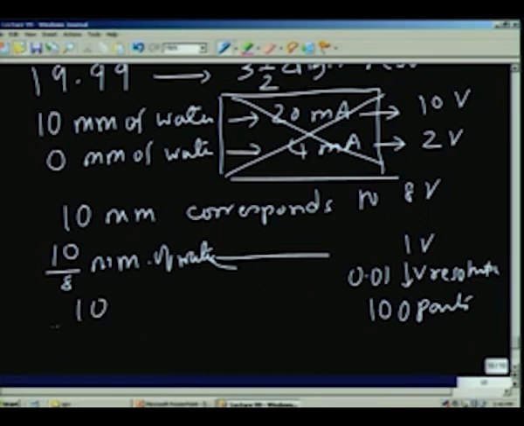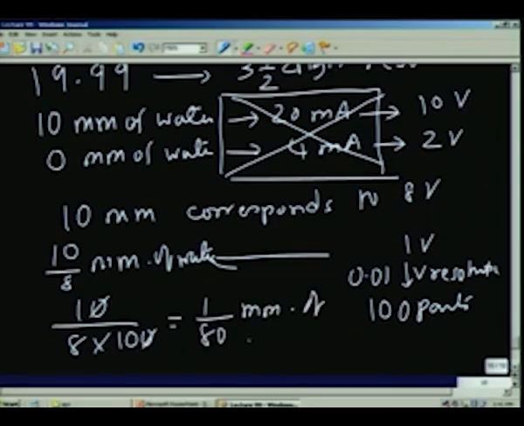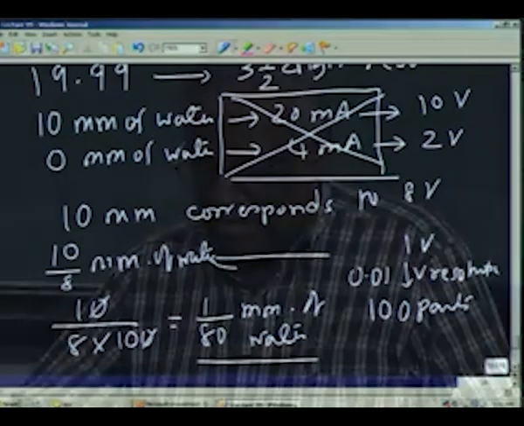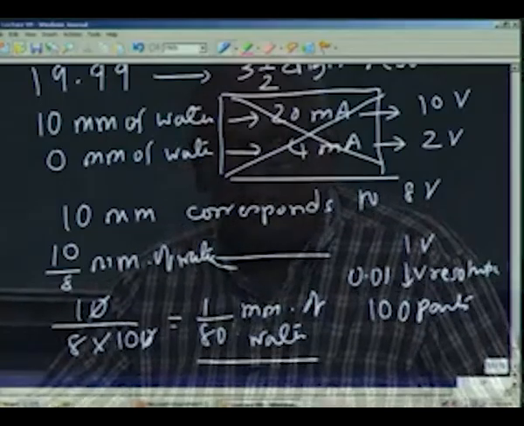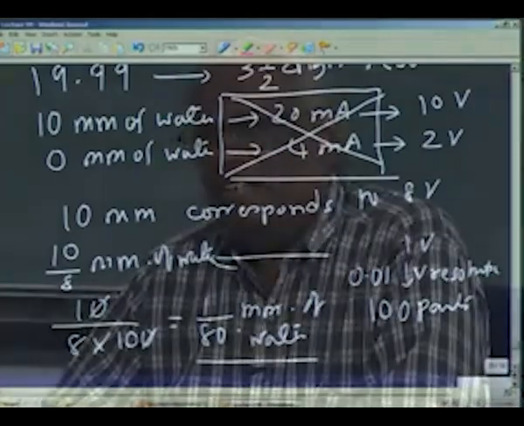So, 10 by 8 into 100, see 1 over 80 millimeters of water, slightly less than 0.01. Okay. Slightly less than 0.01, because 1 over 80 is less than 100.